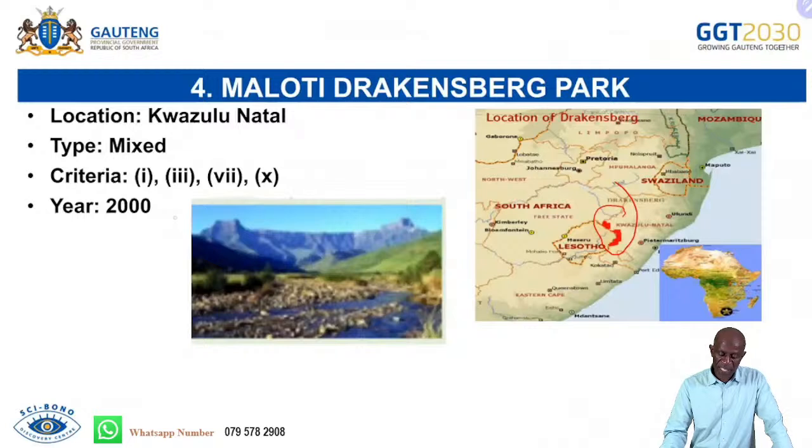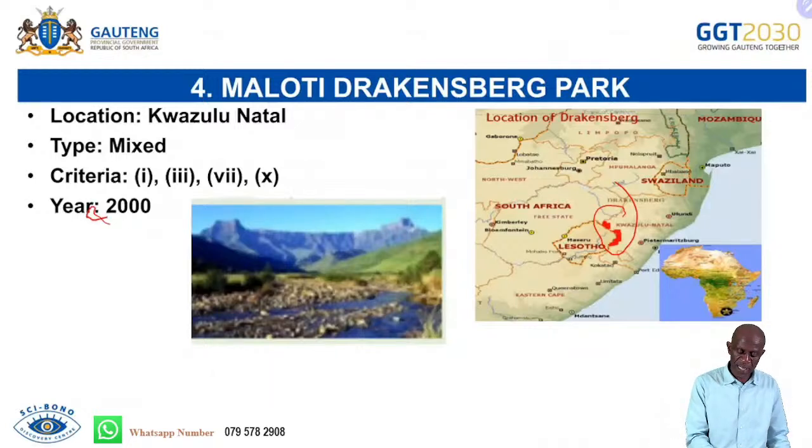So here's the picture, and we have referred to this picture earlier on. The criteria are 1, 3, 7, and 10, and the year of inscription, or the year in which it was declared, is 2000.